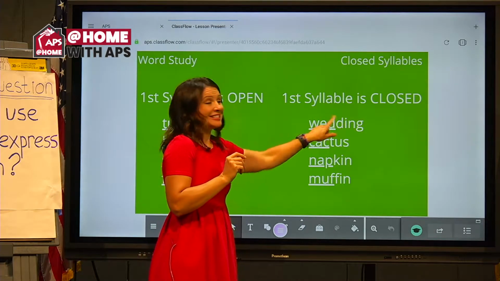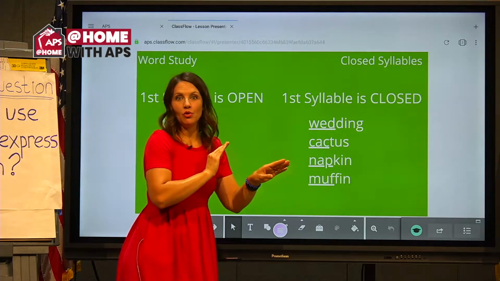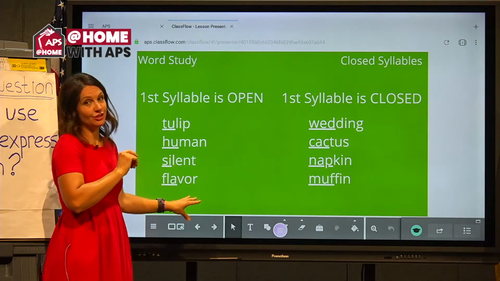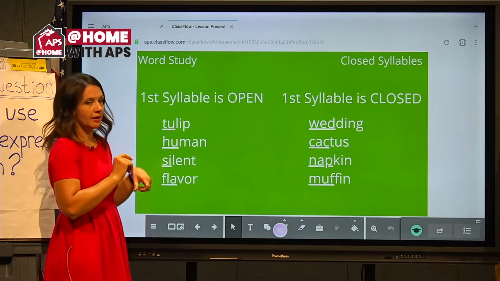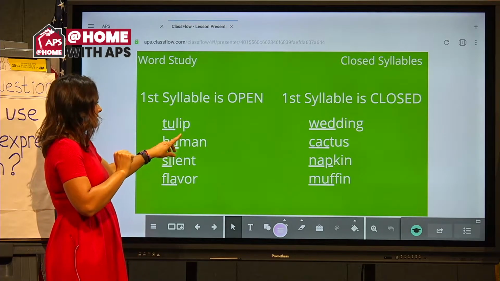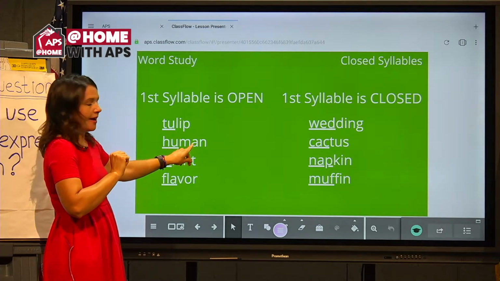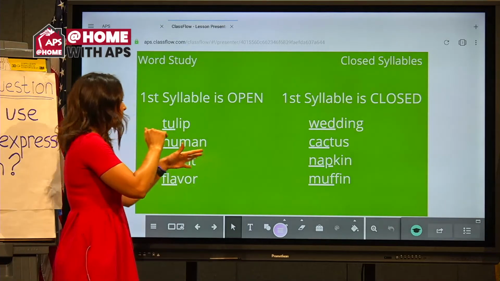It also does not follow the vowel, consonant, vowel pattern that these do. I see a U-L-I, vowel, consonant, vowel. I see in human, U-M-A, vowel, consonant, vowel.